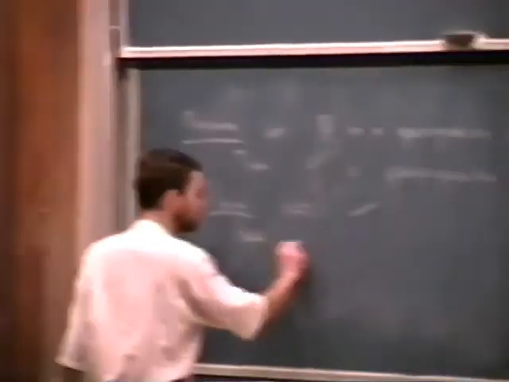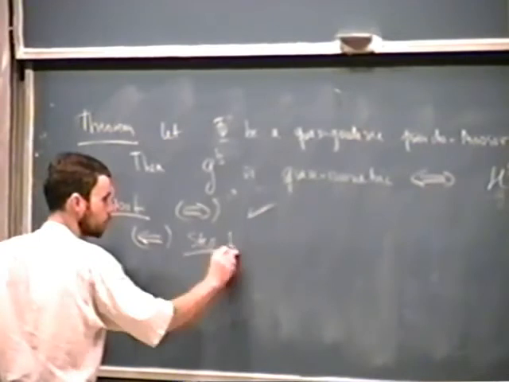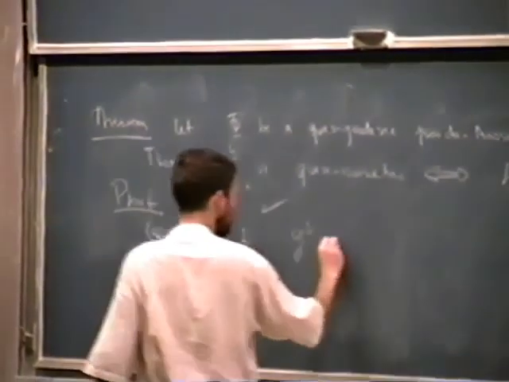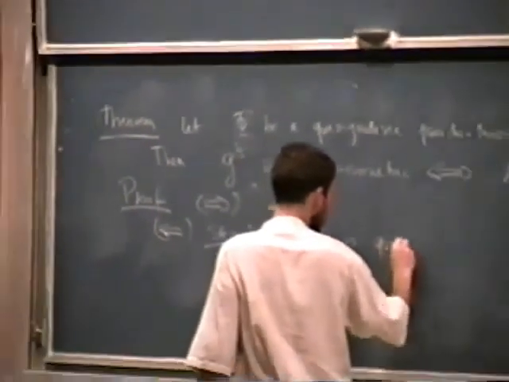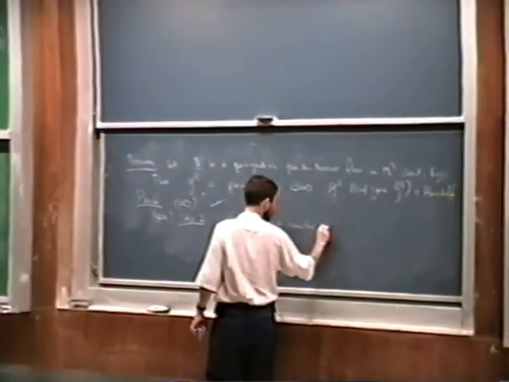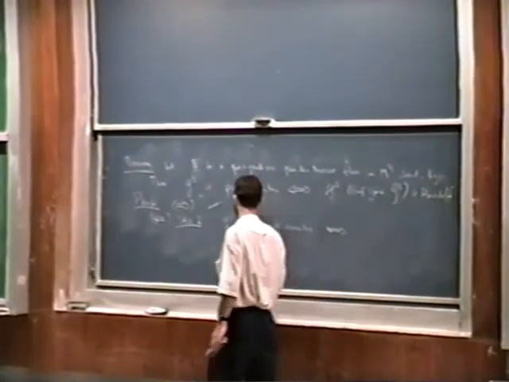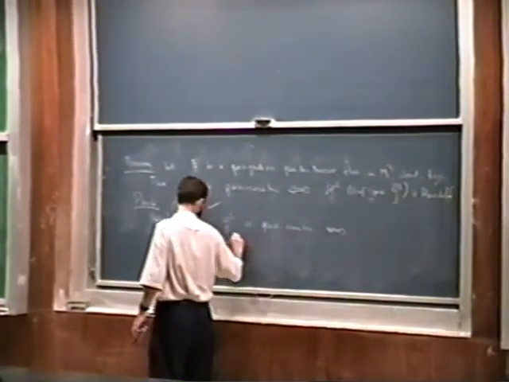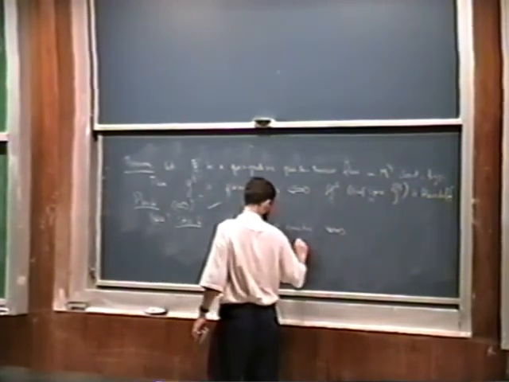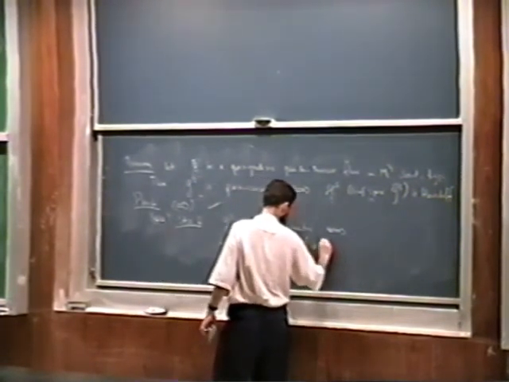So first step is that the foliation is quasi-isometric if and only if the extension map is injective.